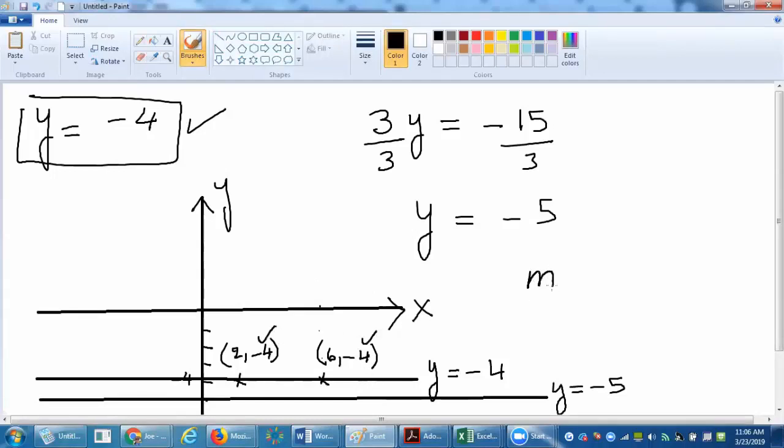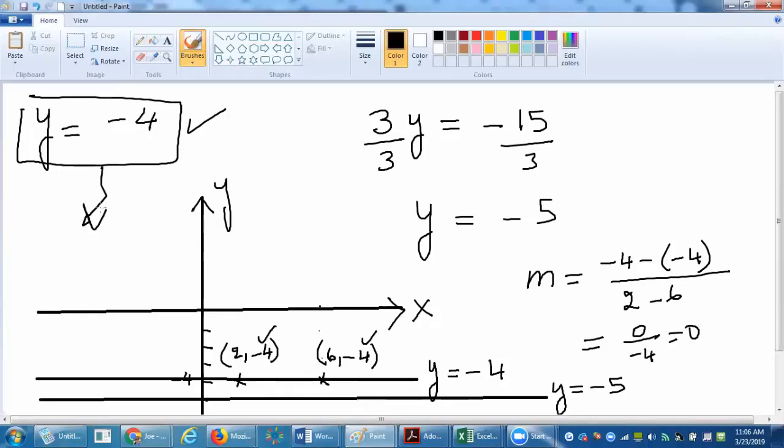And if you find the slope of the horizontal line, of course, it's y2 minus y1, negative 4 minus negative 4, over x2 minus x1, 2 minus 6. Negative, negative becomes plus. Negative 4 plus 4 is a 0 over negative 4 is a 0. And the slope of the horizontal line is m equals 0.